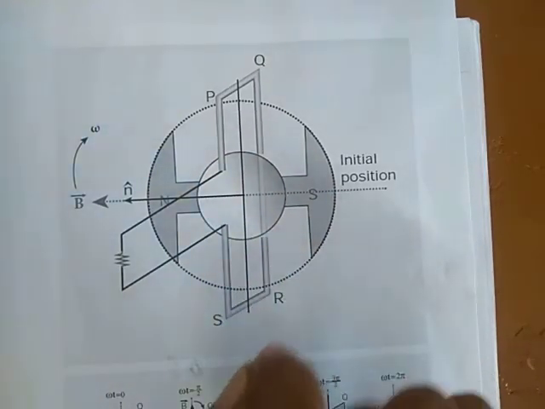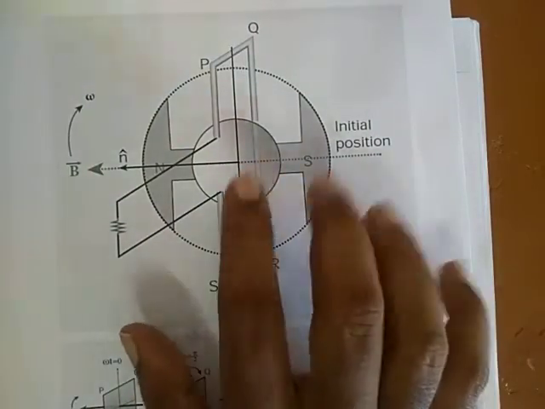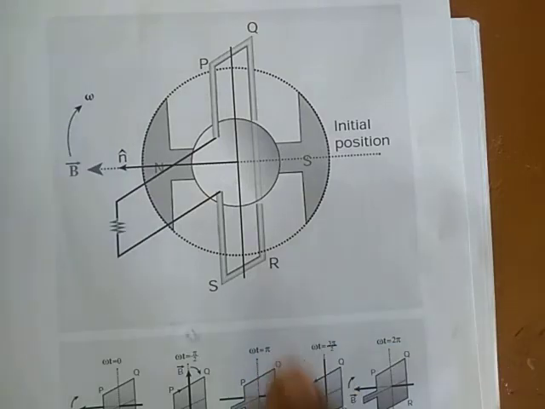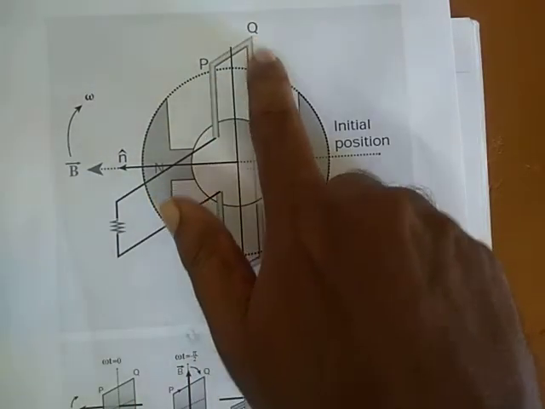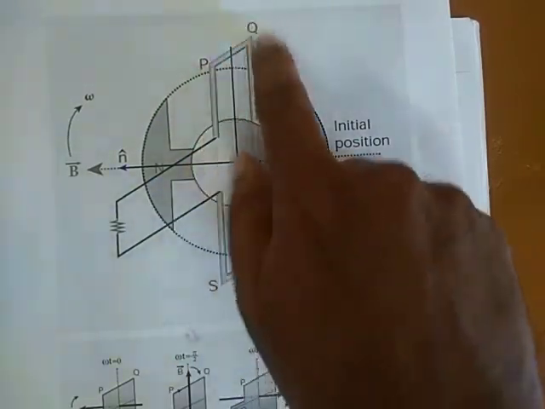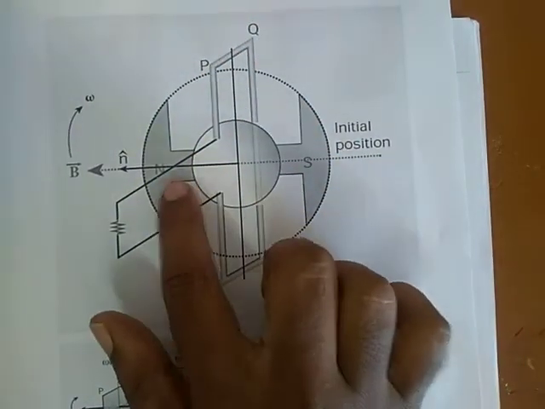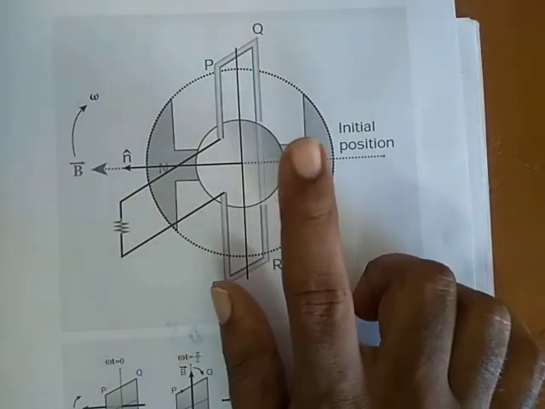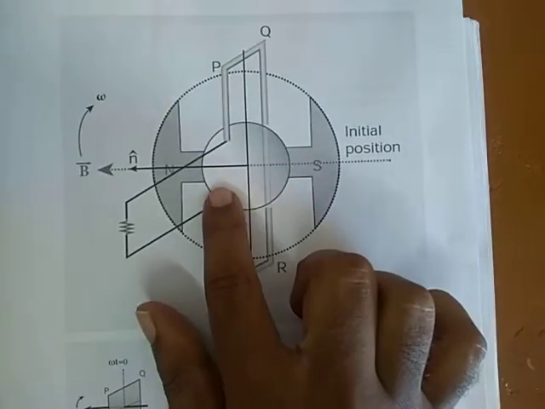This is a stationary armature, rotating field alternator. The armature PQRS will be stationary and the magnet will rotate in the plane perpendicular to the paper.